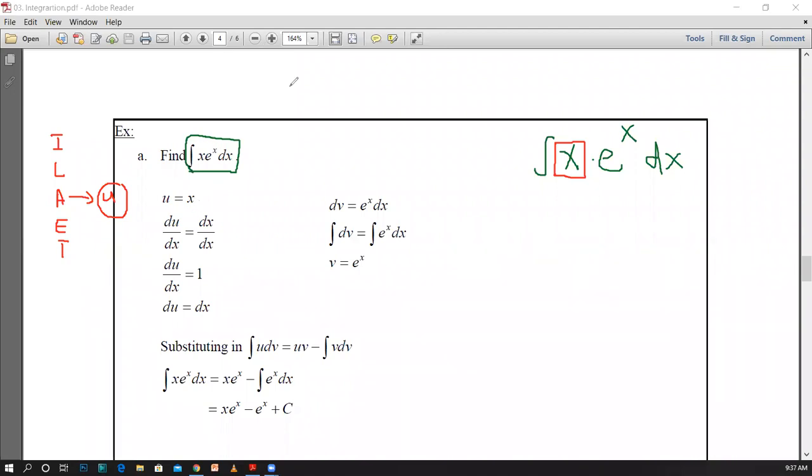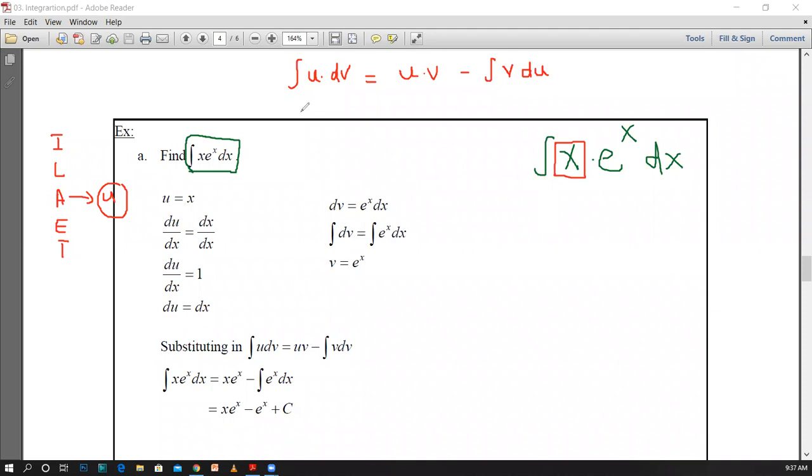Since we are using the integration by parts technique, the integral of u times dv equals u times v minus the integral of v du. This is what we have obtained as the integration by parts technique.